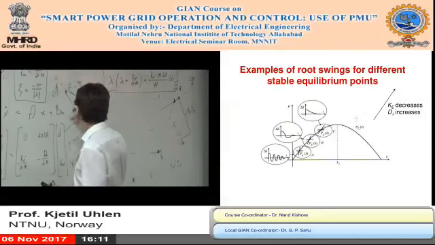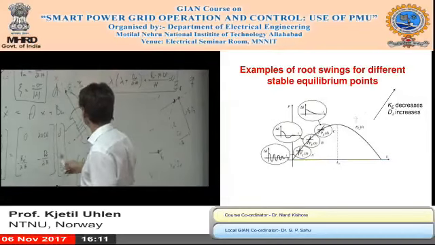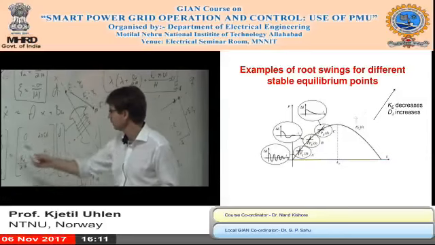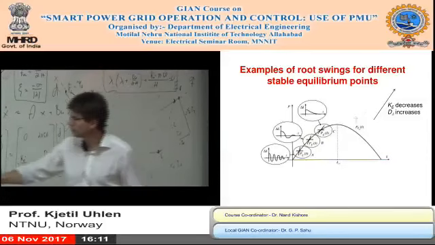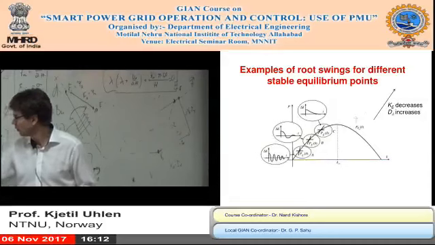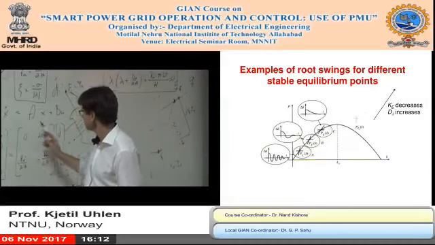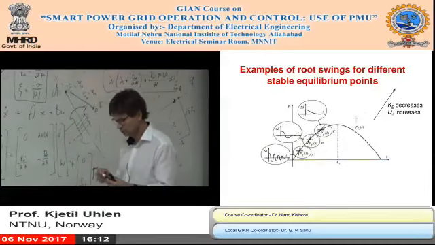And I establish the power versus angle characteristic, and I establish the matrix and do the computations.